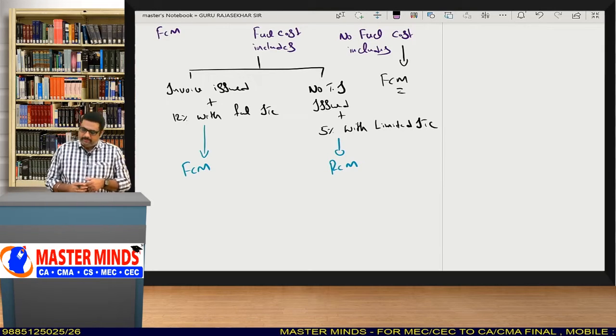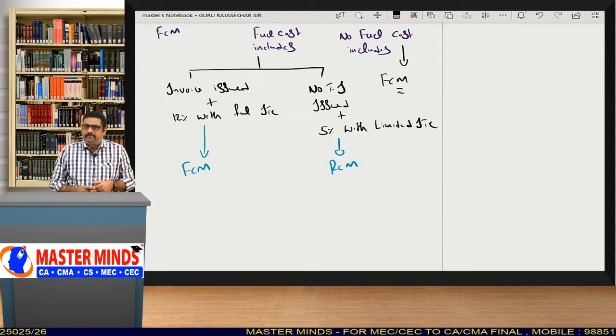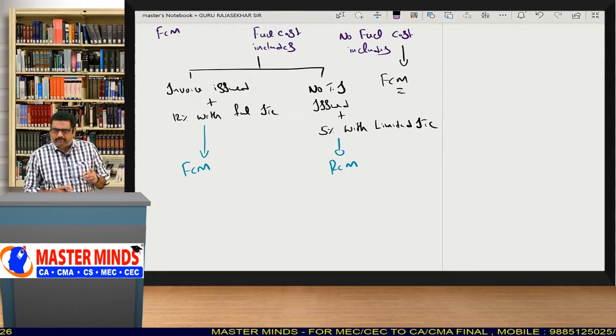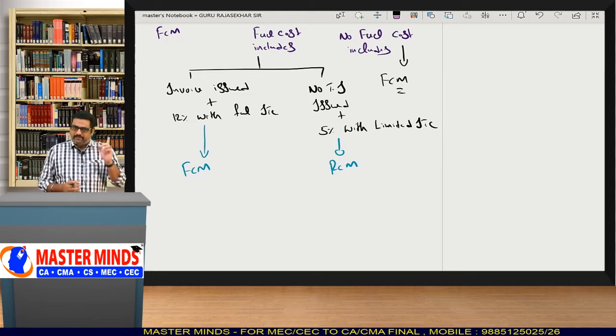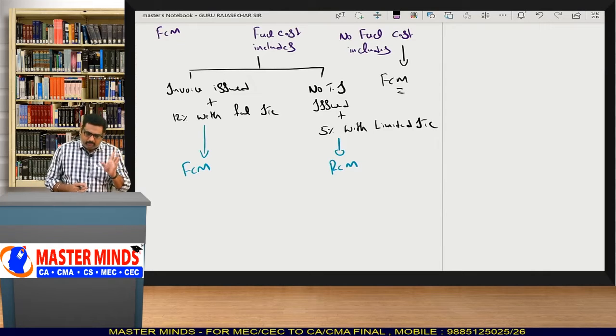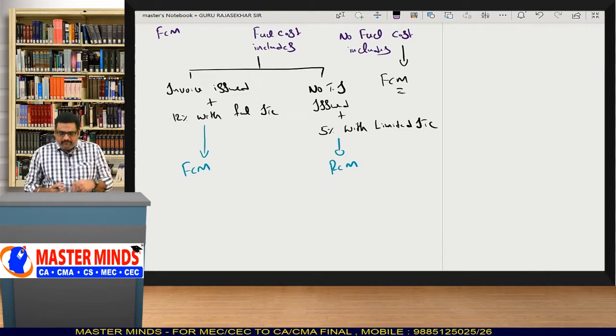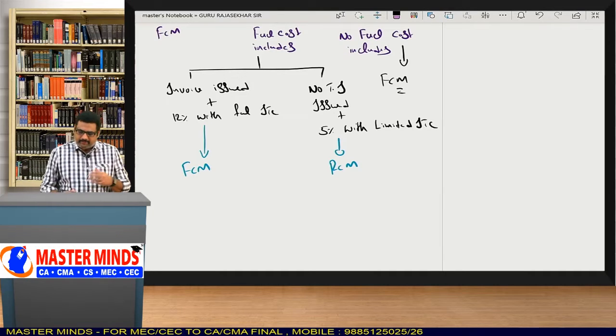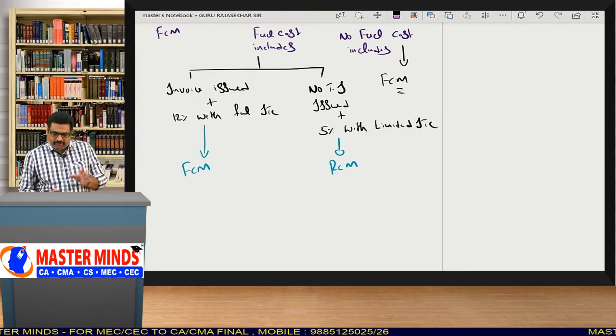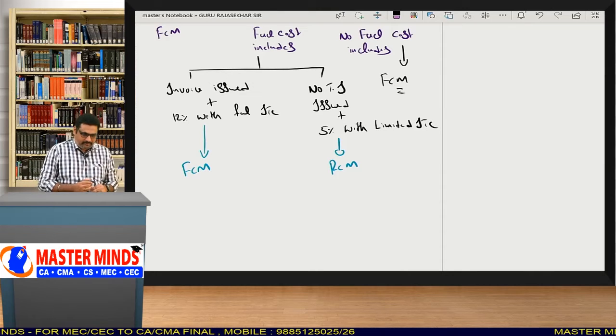So in order to apply the RCM, the tax rate should be 5%. Then the supplier can claim limited ITC only. Understood? If at all the supplier is actually following 5% with limited ITC, then RCM is applicable.